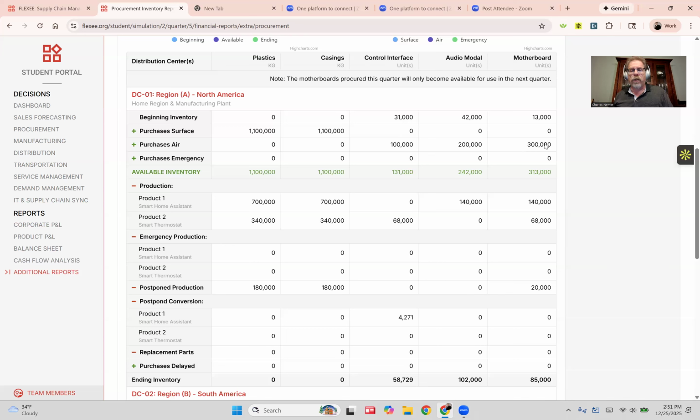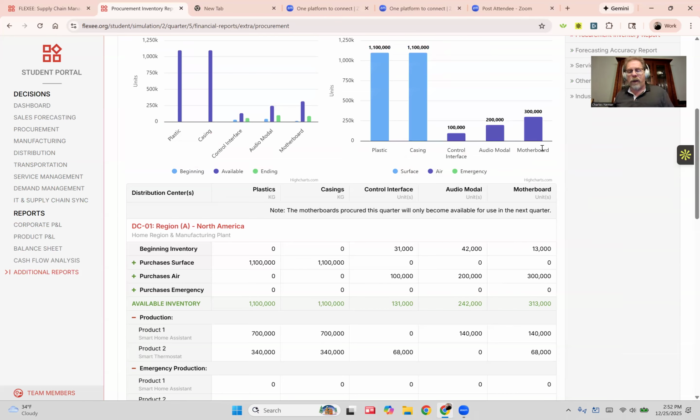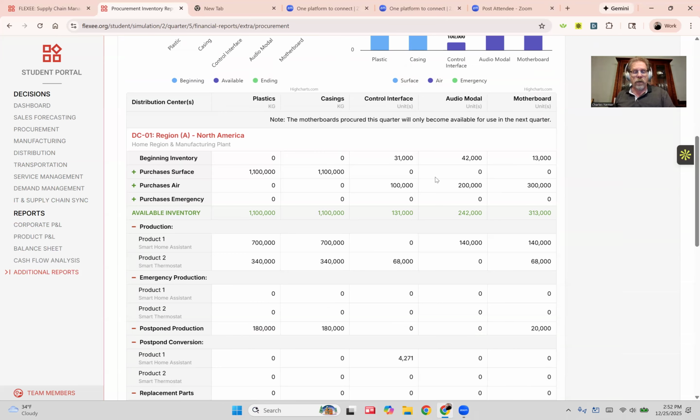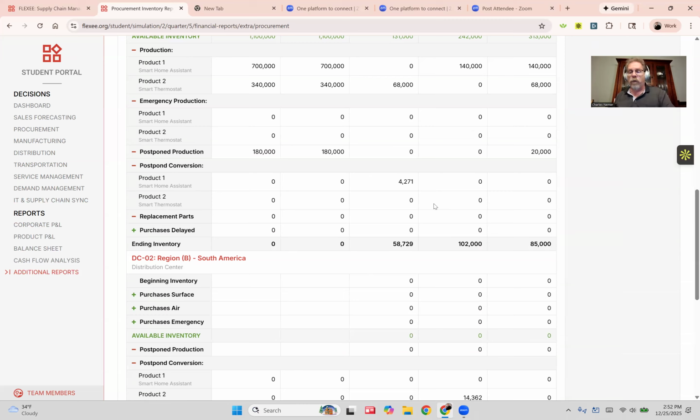So this 300,000 you see here on the motherboards was ordered in the previous round, round 5, to arrive here in round 6. So you have to look ahead. All the plastics, casings, modules, and interfaces come in the same period. But we show you available inventory to work with, where you use it, and what's left over.